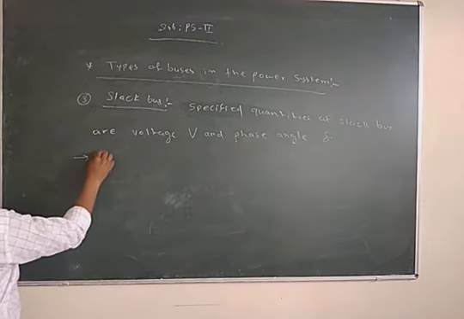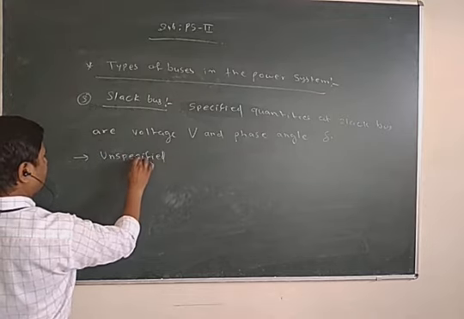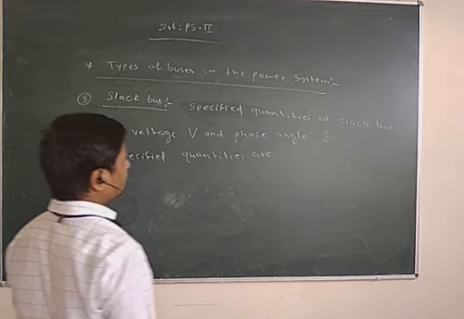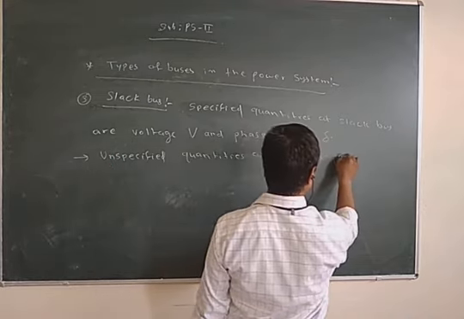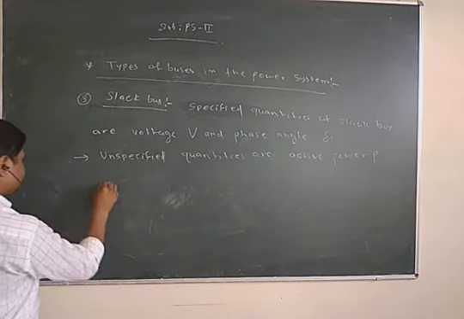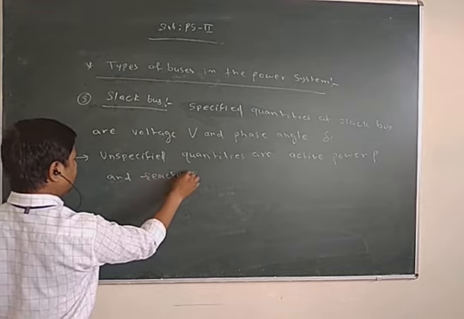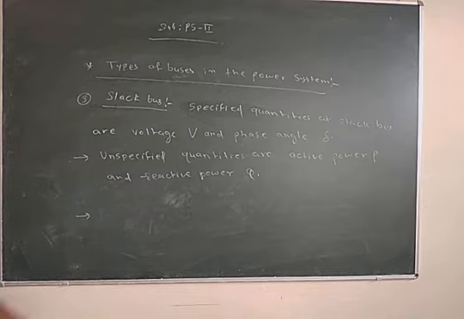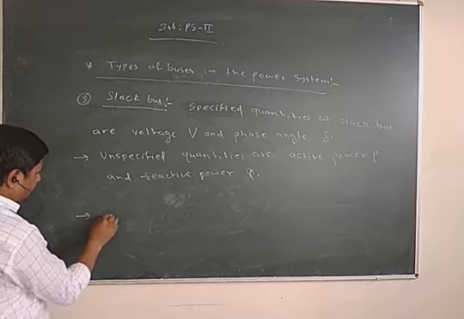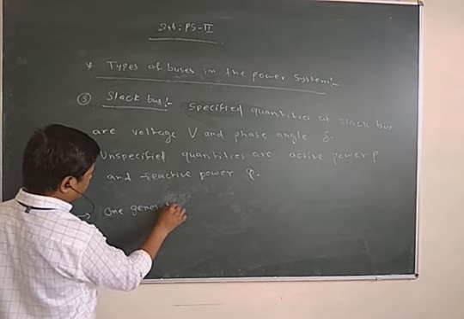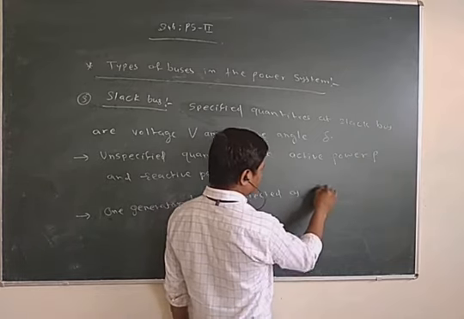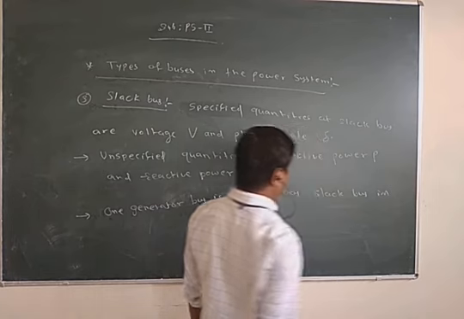Unspecified quantities are active power P and reactive power Q. One generator bus is selected as a slack bus in the entire power system.